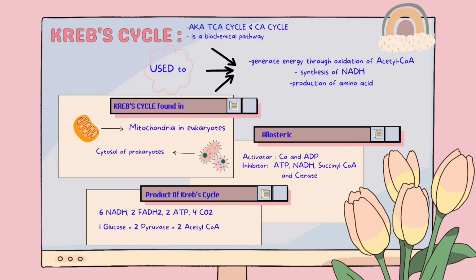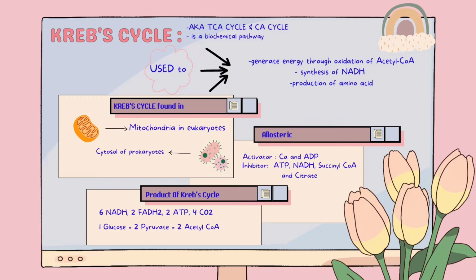The allosteric activators in the Krebs cycle are calcium and ADP, while the allosteric inhibitors are ATP, NADH, succinyl-CoA, and citrate. The products of the Krebs cycle are 6 NADH, 2 FADH2, 2 ATP, and 4 carbon dioxide.